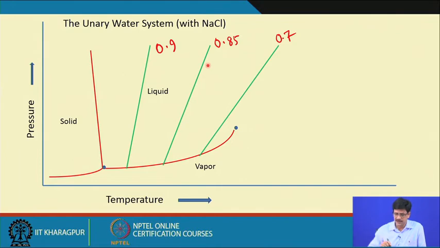So, these lines which are plotted here represent the same value of density, and that density will also be the same as the bulk density calculated on the basis of the ratio of liquid plus vapor. As we move along, the density will be less and less, and what we observe here is that the slope of this isodensity line will also become shallower as the density values keep on decreasing.